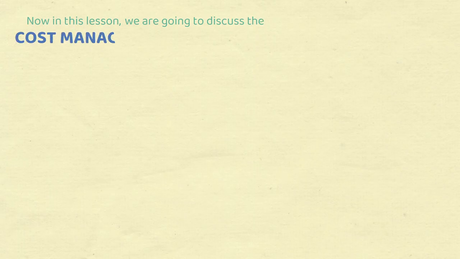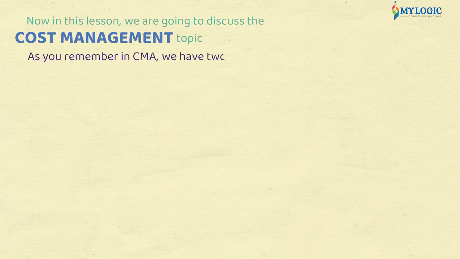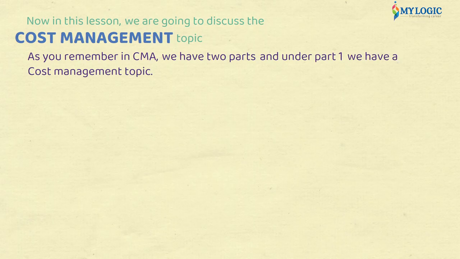Now in this lesson, we are going to discuss the cost management topic. As you remember, in CMA we have two parts, and under Part 1, we have a cost management topic.